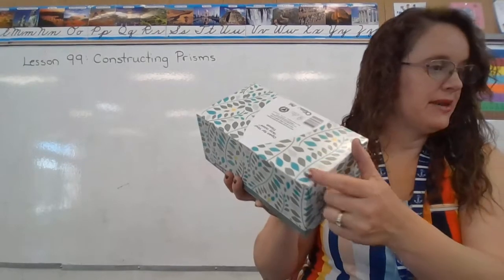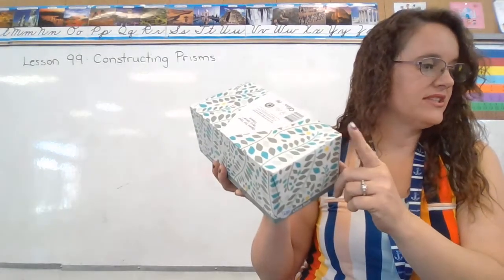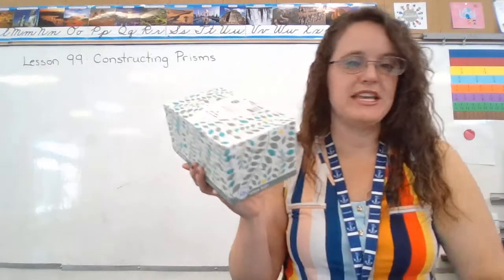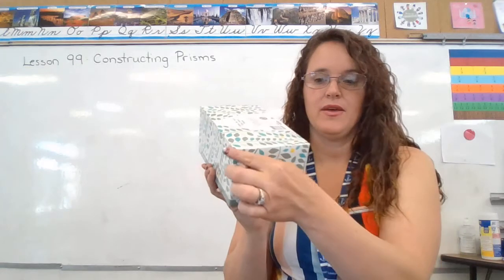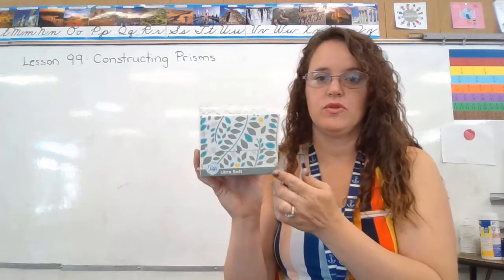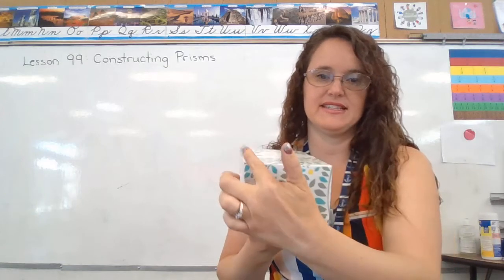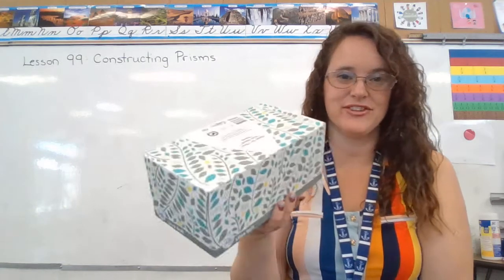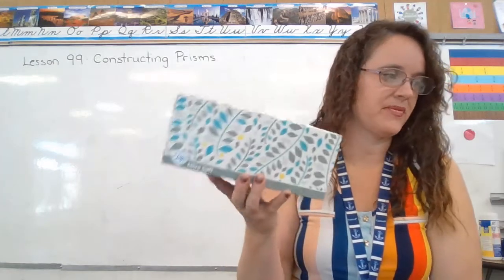3 edges meet at each corner of the box. A closed cereal box has how many corners or vertices? 1, 2, 3, 4, and then the backside 5, 6, 7, 8. 8 vertices, 8 corners in a rectangular prism.